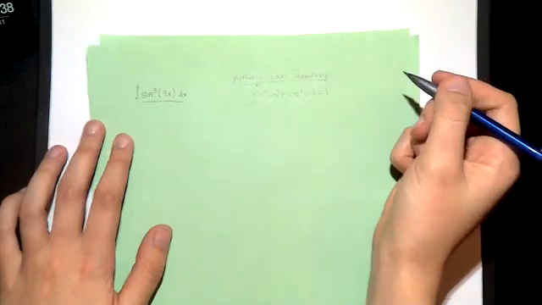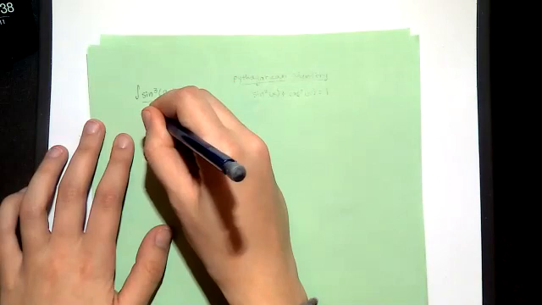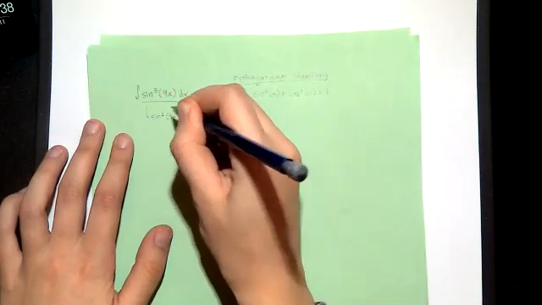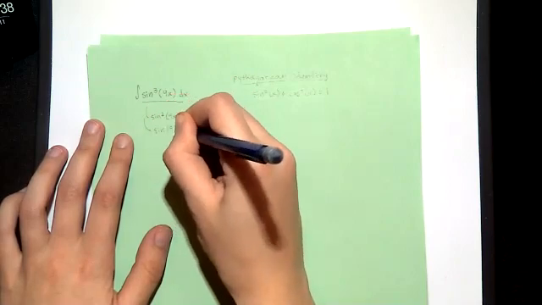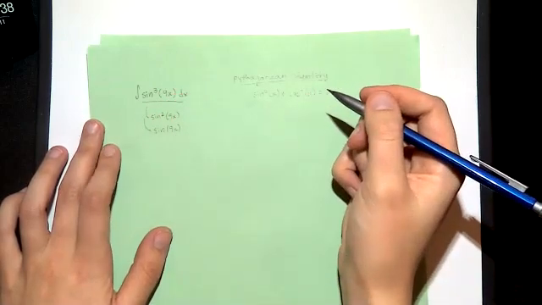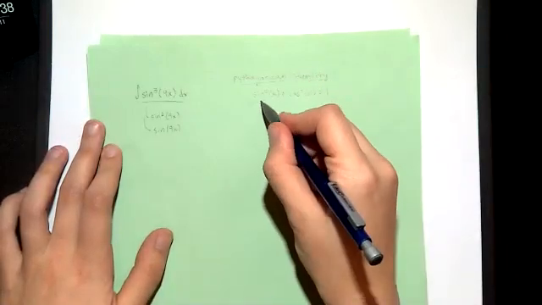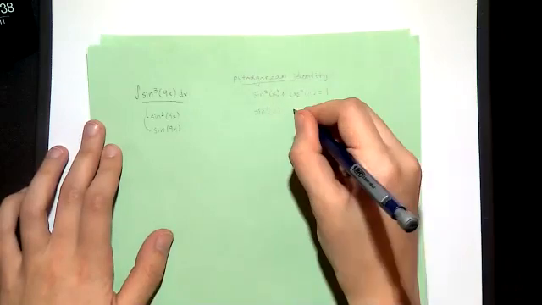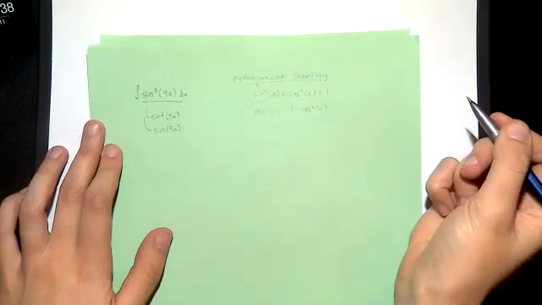And so we can pull out a sine squared from this guy and just a regular sine of 9x. Then we can use our Pythagorean identity by saying that sine squared of x is equal to 1 minus cosine squared of x.